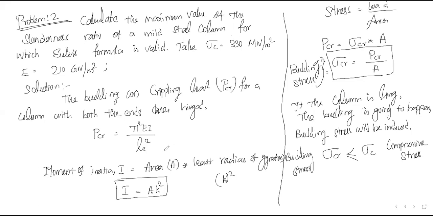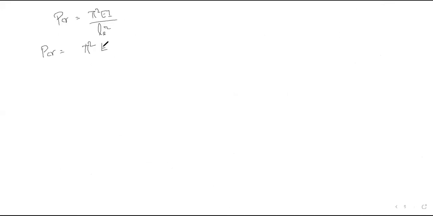PCR is equal to pi squared EA by LE squared. So this is our Euler formula. We substitute AK squared instead of I value. So pi squared into E into AK squared by LE squared, whereas pi squared E into A divided by LE by K the whole square is equal to PCR.